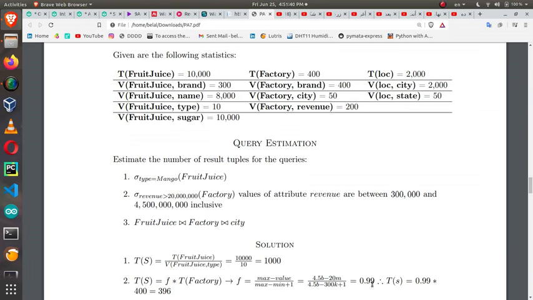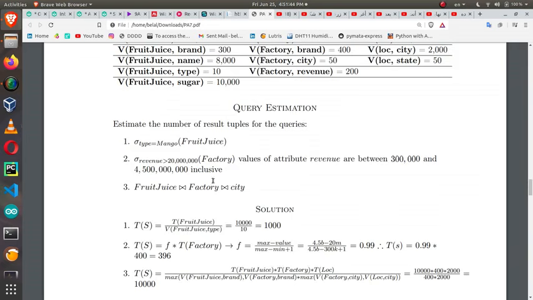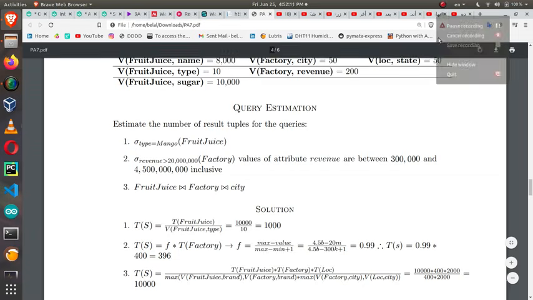This gets us 0.99. After computing f using the maximum and minimum values, let's multiply it by the number of tuples in relation factory to give us the number of tuples that satisfy the condition.